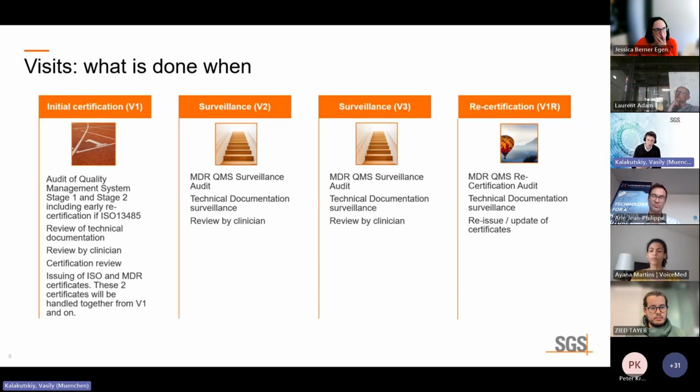If we compare all these assessment routes for MDD and MDR, we will see that risk management is evaluated differently and there is more evidence required. For the MDR, we require the first manufacturing reports, so the end-of-line reports. When the device is manufactured and you do the final tests, you have to submit these records for MDR as part of your technical documentation.